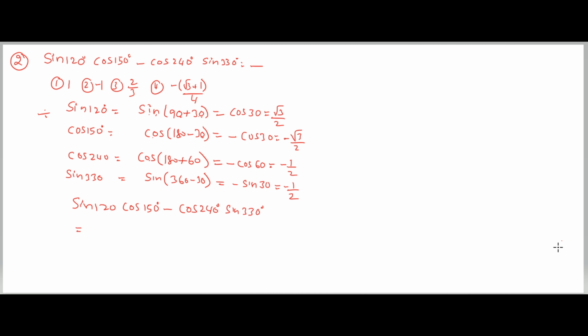Sin 120 degrees is root 3 by 2 into minus root 3 by 2, minus cos 240, which is minus 1 by 2, sin 330, which is minus 1 by 2. So here it is root 3 into root 3, minus 3 by 4, minus into minus plus, that is minus 1 by 4, that is equal to minus 4 by 4, that is equal to minus 1.